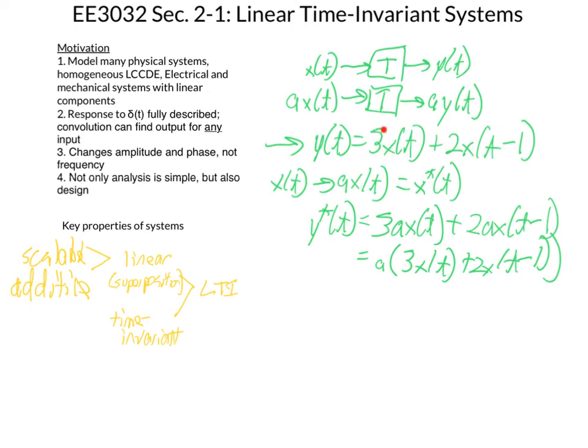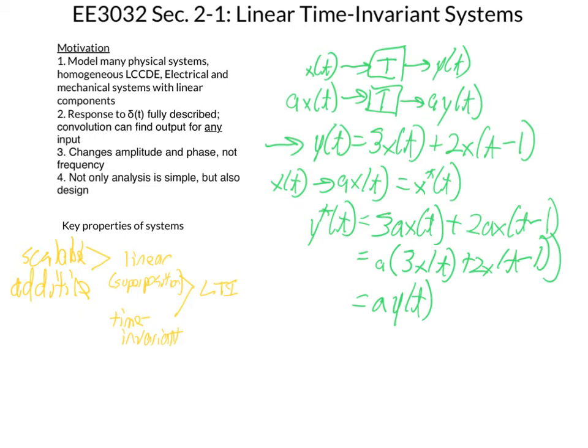So I can replace that with the original output, and so I arrive at this. And that is just the definition. The new output, y star of t, is exactly following and equal to the scaled up version of y of t.